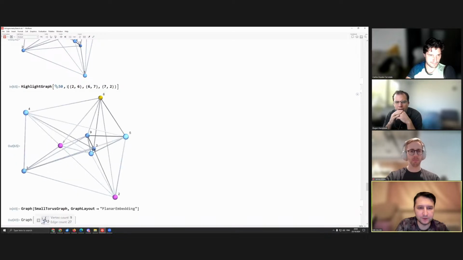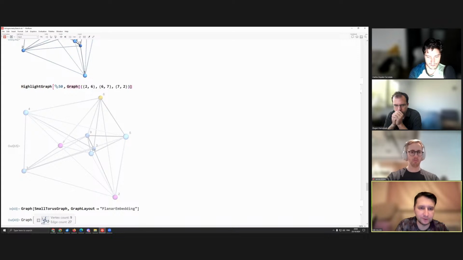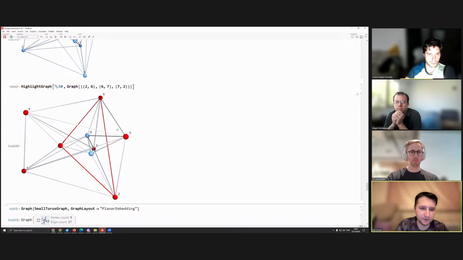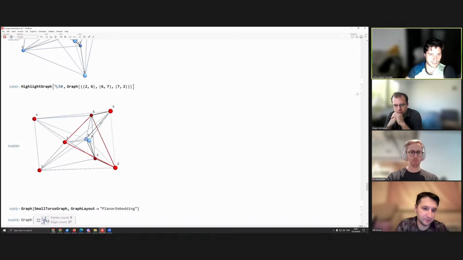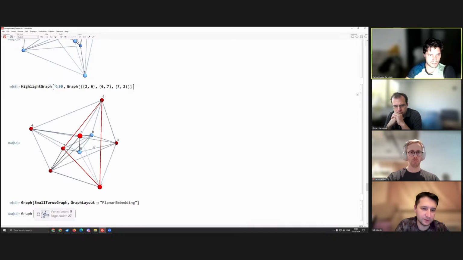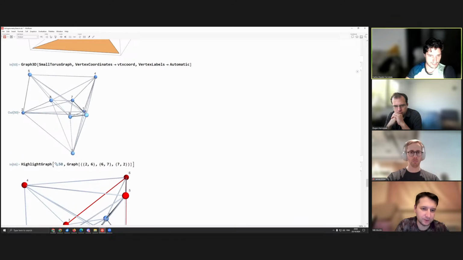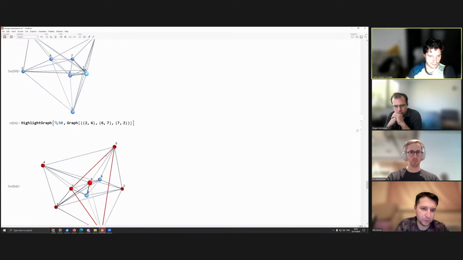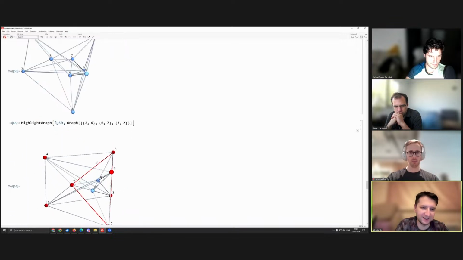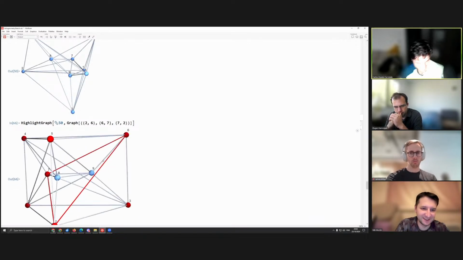Not highlights only the vertices. So what if you do graph? Maybe. It has to be like a subgraph to highlight edges. Yeah. Why is it highlighting? What's up with that? Why is it doing that?